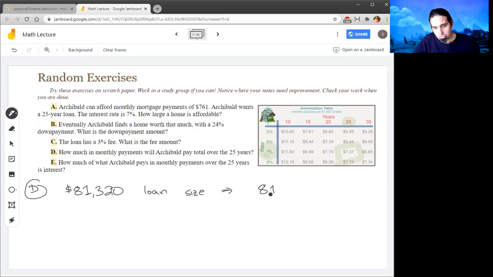So how many thousands is that? It's 81.32. And as we mentioned before, you can think about this as divided by 1,000, because we're saying how many thousands do we have?